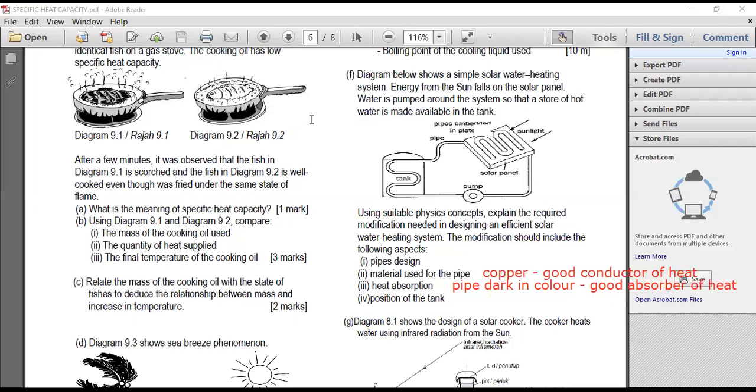Now other than that, you want the heat to be absorbed faster, right? So for the heat to be absorbed faster, the pipe must have low specific heat capacity.